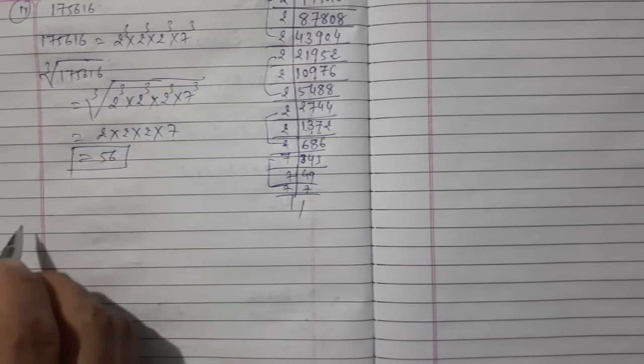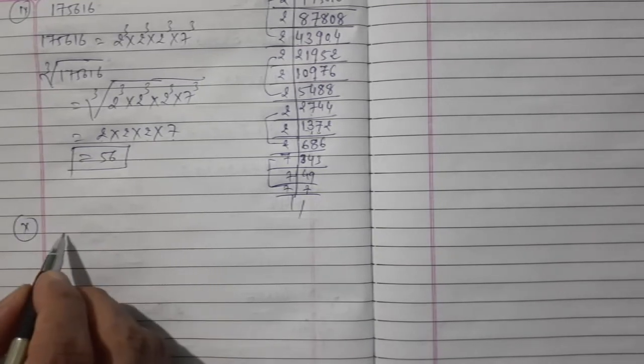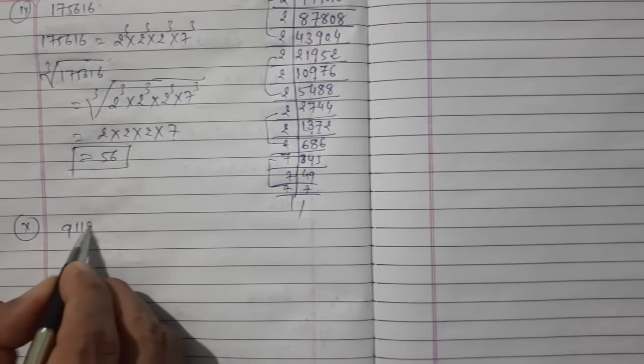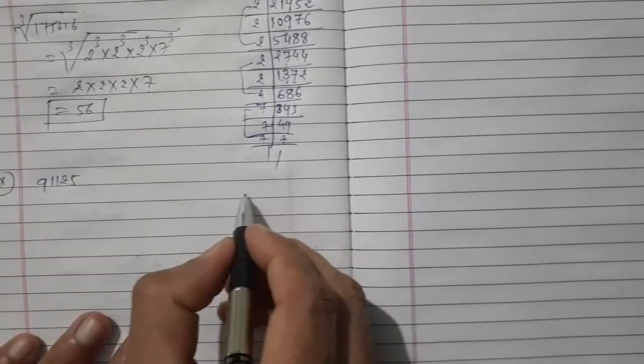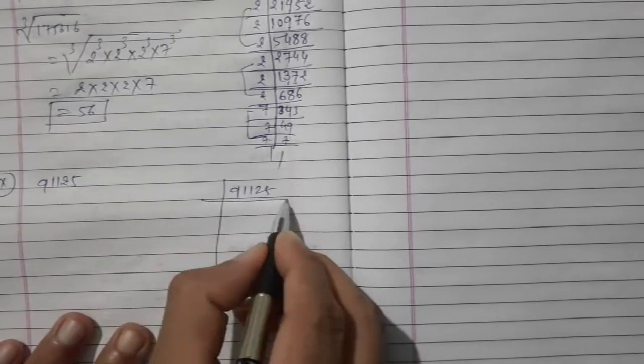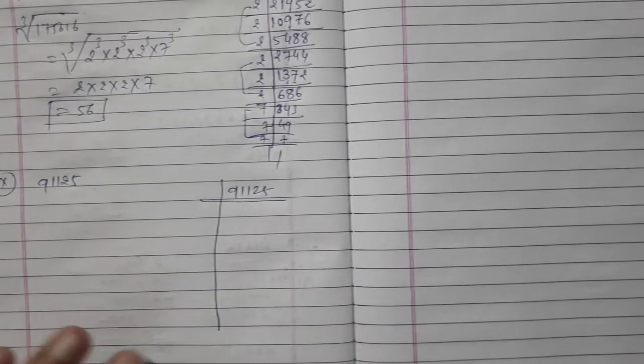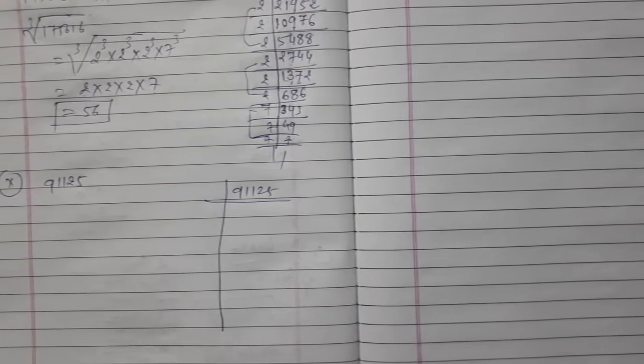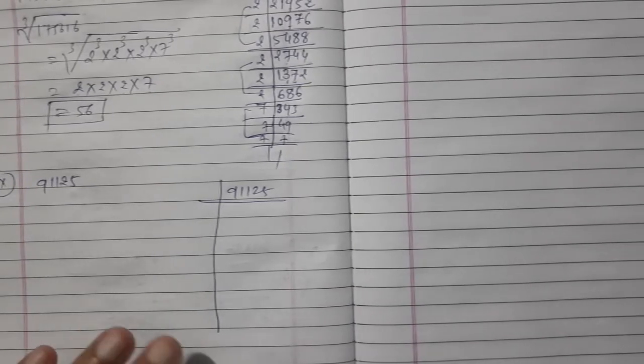Okay, and the last one is 91125. Okay, factorize that one. 91125 is not divisible by 2, so directly we start with 3.